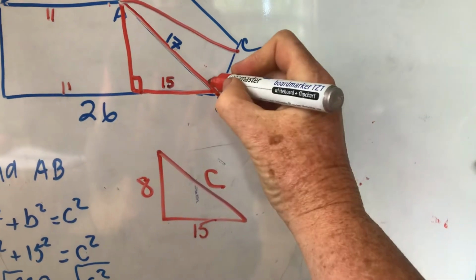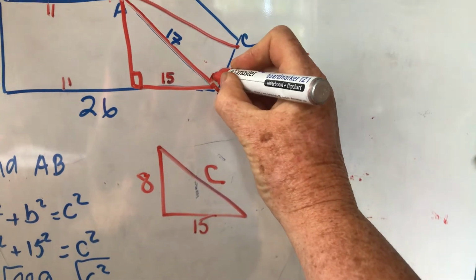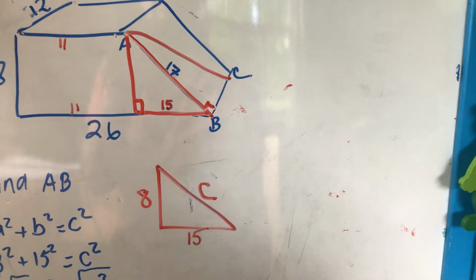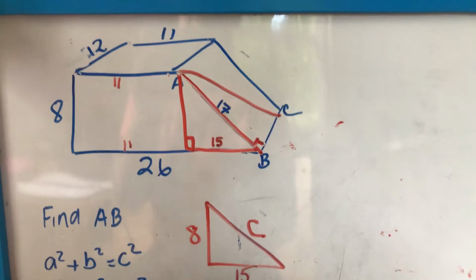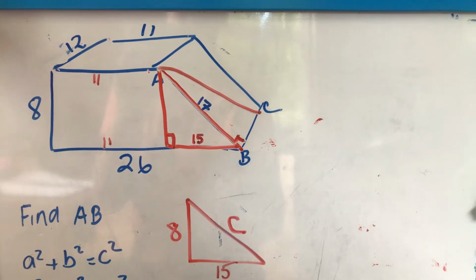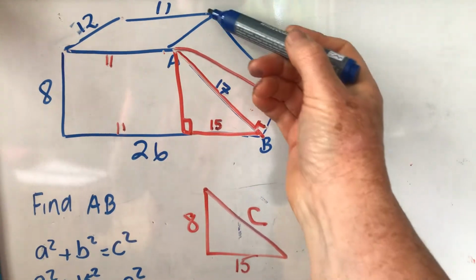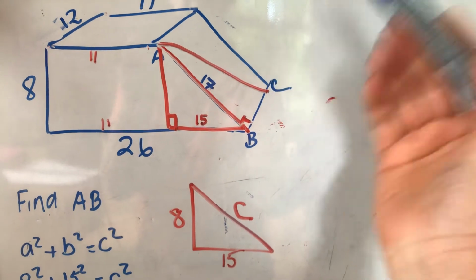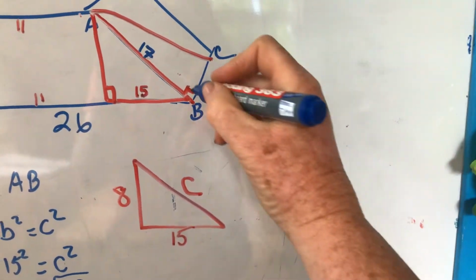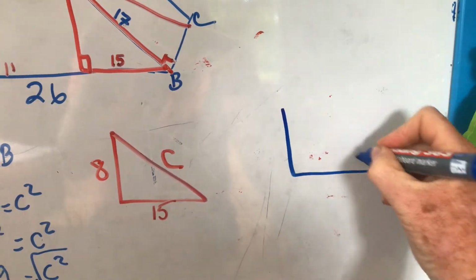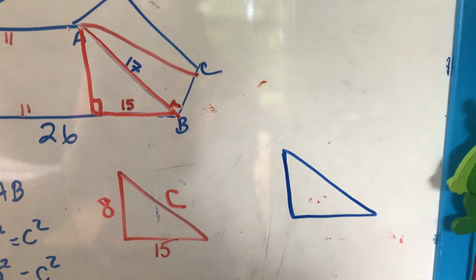That means it has a right angle down here at the bottom. So even though it doesn't look like a right angle as it is here, because it's drawn in 3D, that is a rectangle just pushed over. So we know that's 90. So we can say this is, in fact, a right angled triangle.